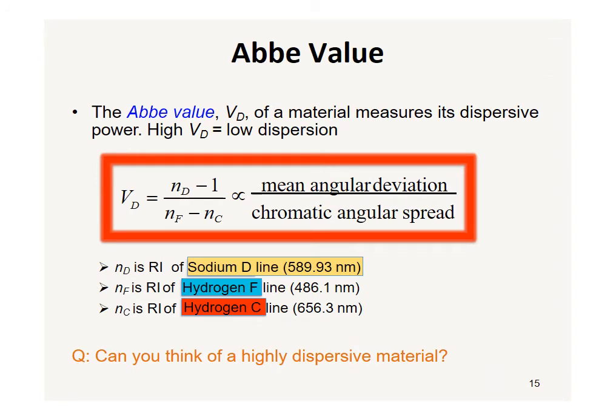Now, the Abbe value is a useful value for applied optics because it tells us about the refractive index variation of a type of glass. And another name for the Abbe value is the dispersive power.